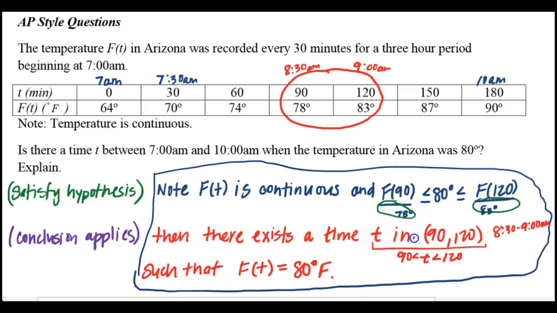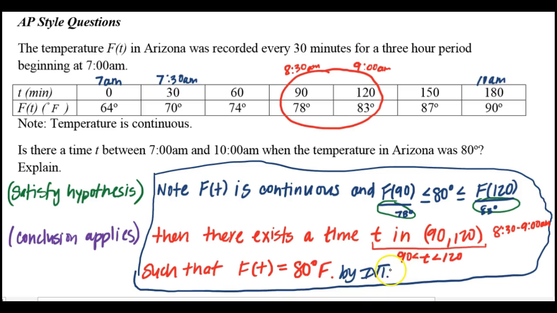Then there exists a time t between 90 minutes and 120 minutes, or between 90 and 120 in this notation, or between 8:30 and 9:30, such that f of t equals 80 degrees, and I am actually forgetting something extremely critical: by the intermediate value theorem, by the IVT. I have to give credit where credit is due. This is a named theorem. It is very important, so I have to cite what theorem I'm using.